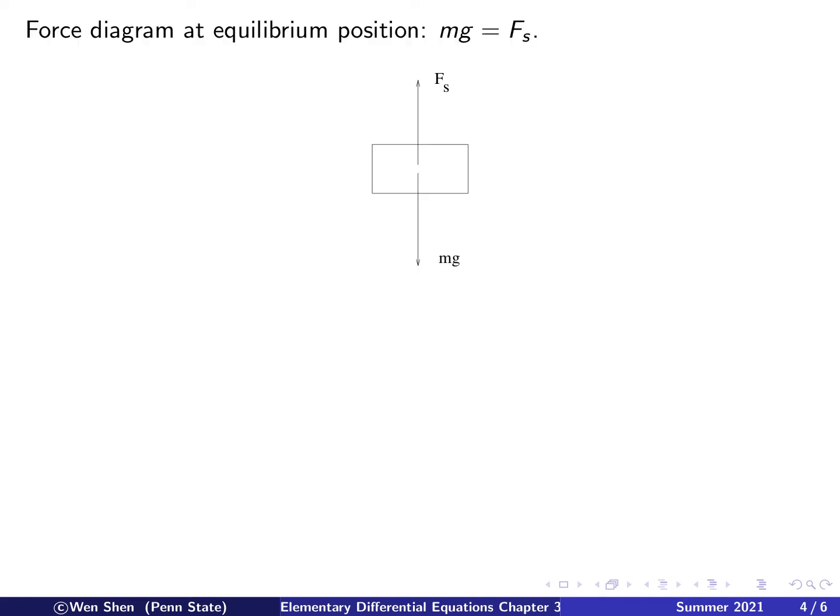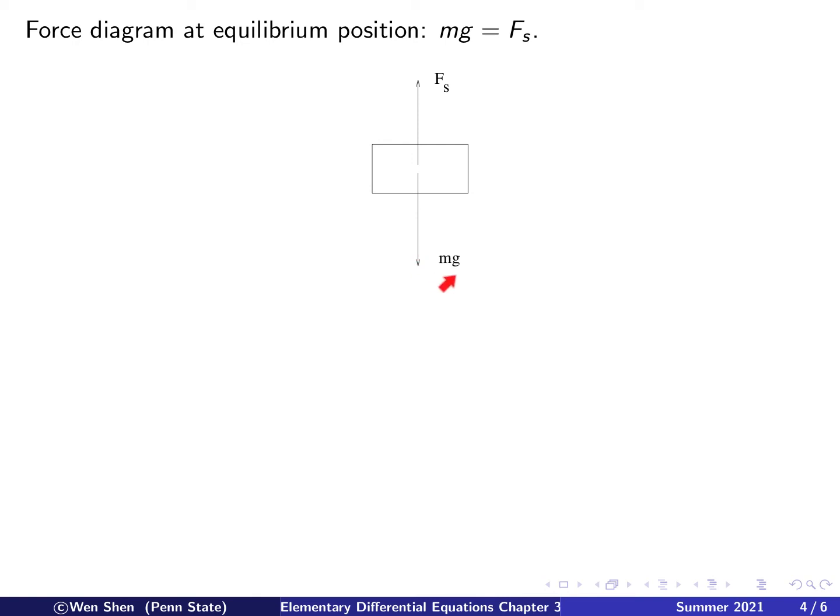Let's analyze the force that is applied on the mass. So we draw the force diagram. Let's first look at the force when it's in the equilibrium position. That is, the mass is not moving. So if it's not moving, then that means the total amount of the force will be 0, right? So what kind of a force does the mass have? The first one is the gravitational force, which points downwards, pulling it down.